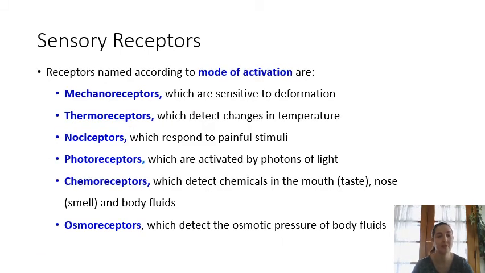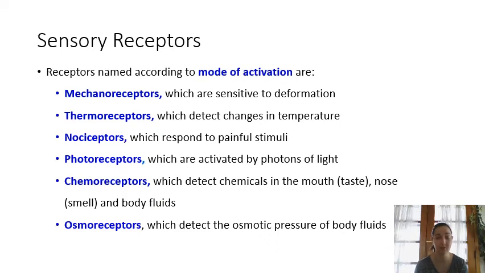All right, so a lot of these receptors are named after the thing that activates them. I mentioned mechanoreceptors. You have to do some sort of mechanical action to change the shape of a mechanoreceptor before it'll trigger an action potential. Same thing with a thermoreceptor. It needs to change temperature. Nociceptors are for pain, so they respond to damage.